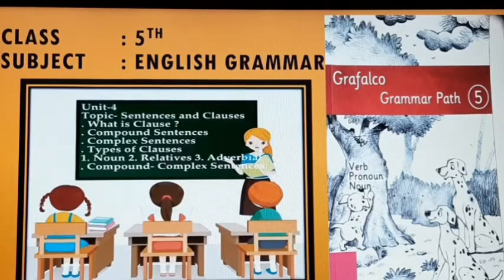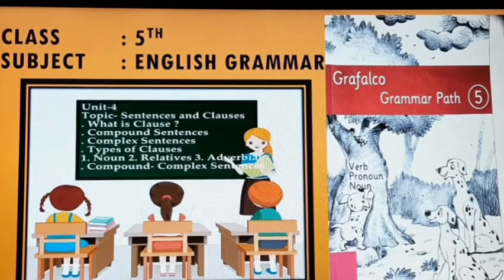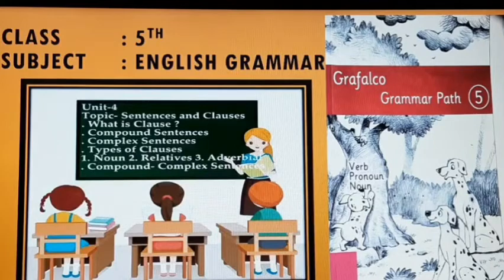We are not going to repeat all these in Unit 4. In Unit 4, we are going to learn about clauses and sentences, but of compound and complex types. So here we are going to start with the definition of the clause.